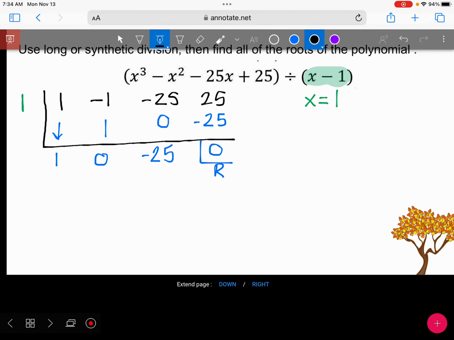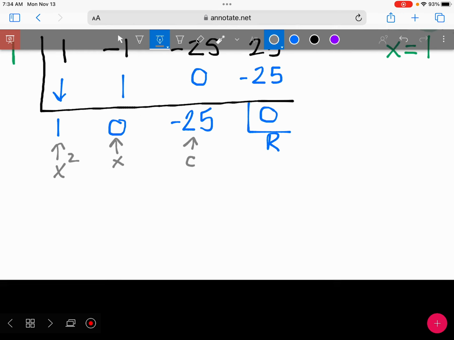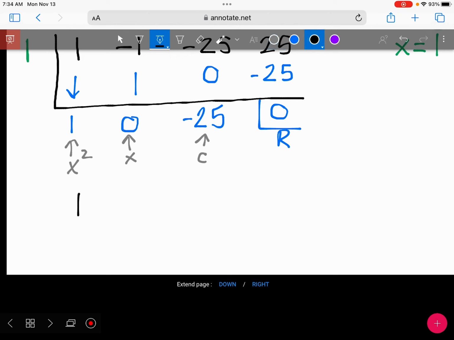So we're going to write this out as our polynomial. This guy is our constant. This is the coefficient for my just x's. This is my coefficient for my x squareds. So we have our 1x squared. I have 0 x's, so we don't have to write it down because 0 times anything is 0.